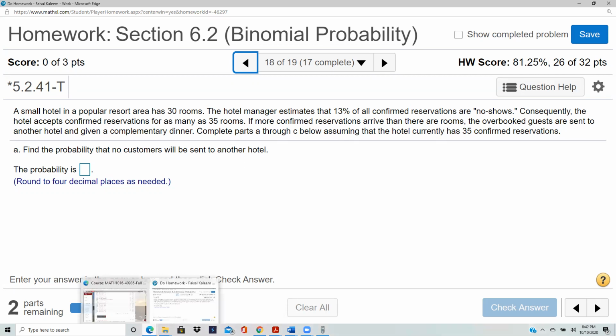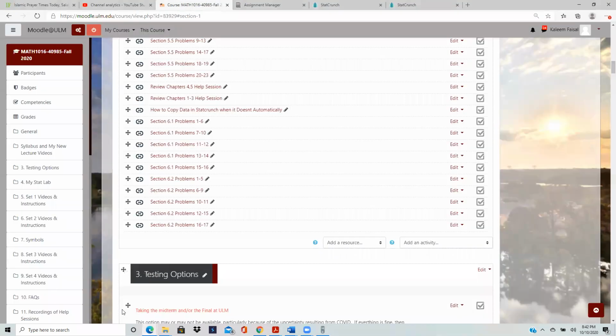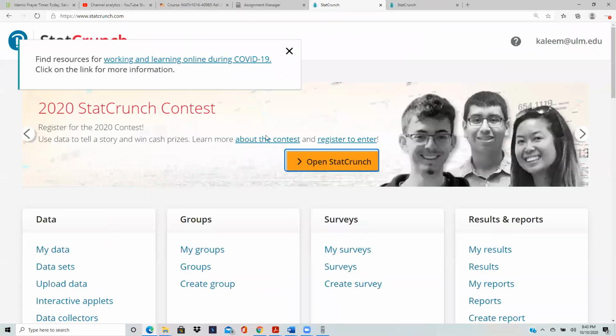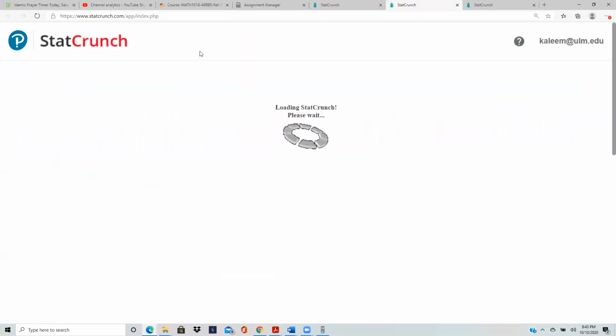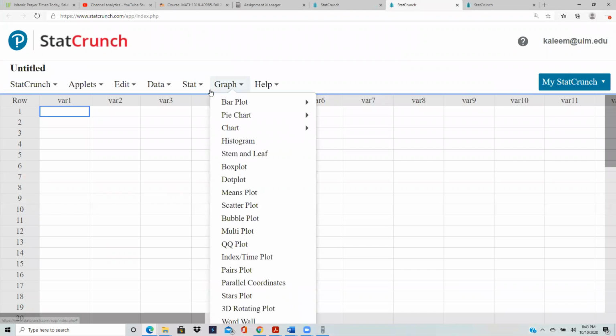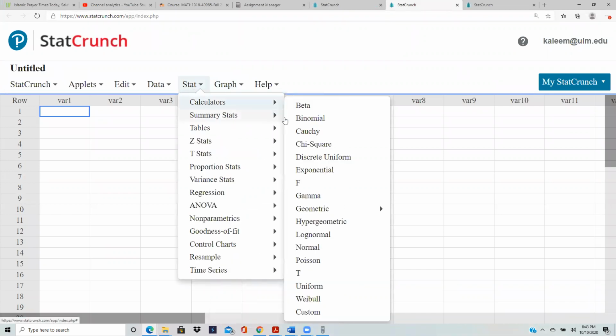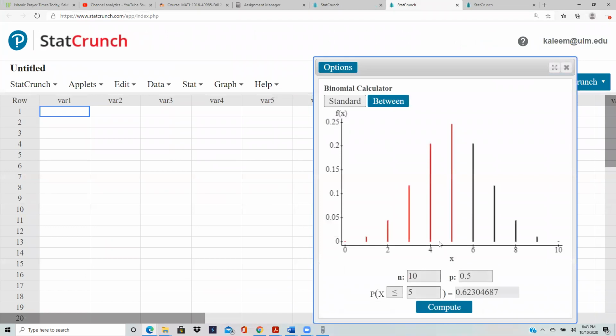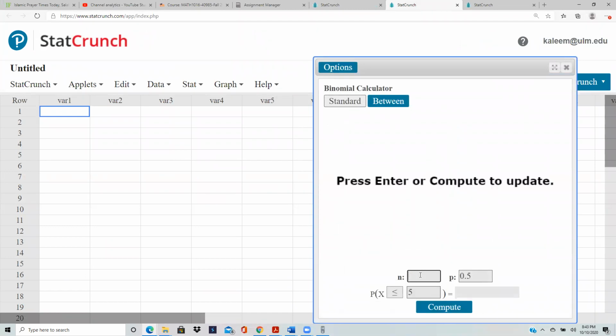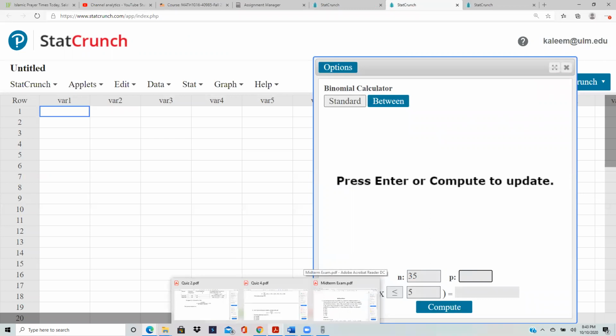Let's open StatCrunch. So Stat, Calculators, Binomial. There are 35 reservations. And we have decided that we will call showing up the success.